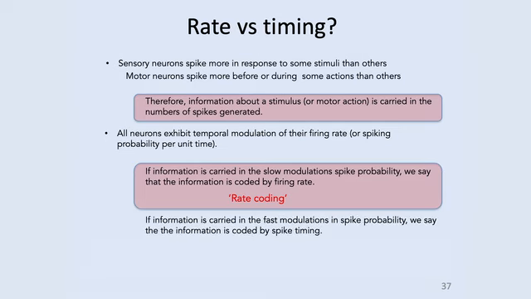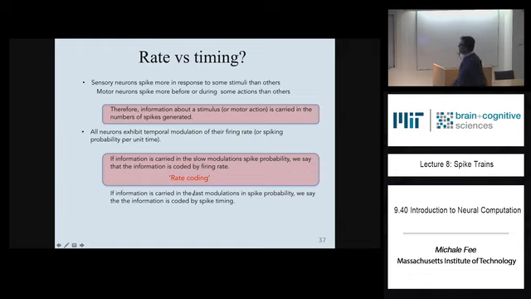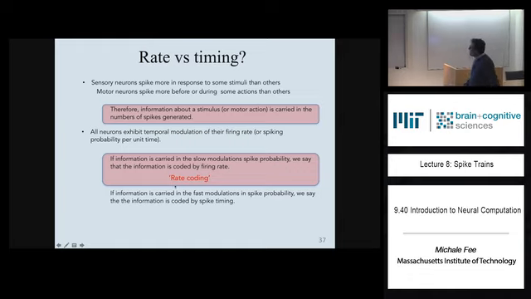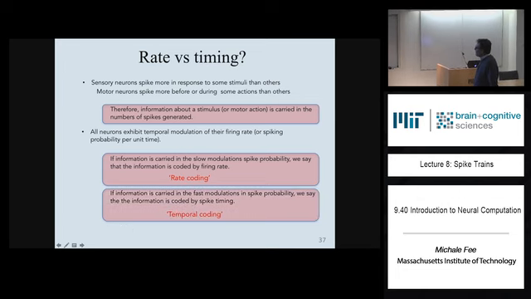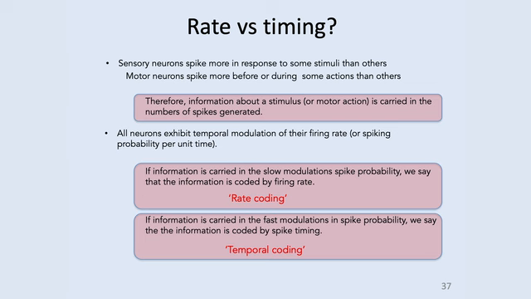We can say that information about the stimulus is carried in the rate, the firing rate of the neurons. But in other cases, like the auditory neuron that we just saw, we can see that information is carried by fast oscillations, rapid changes in spike probability. And in that case, we often say that information is coded by spike timing.